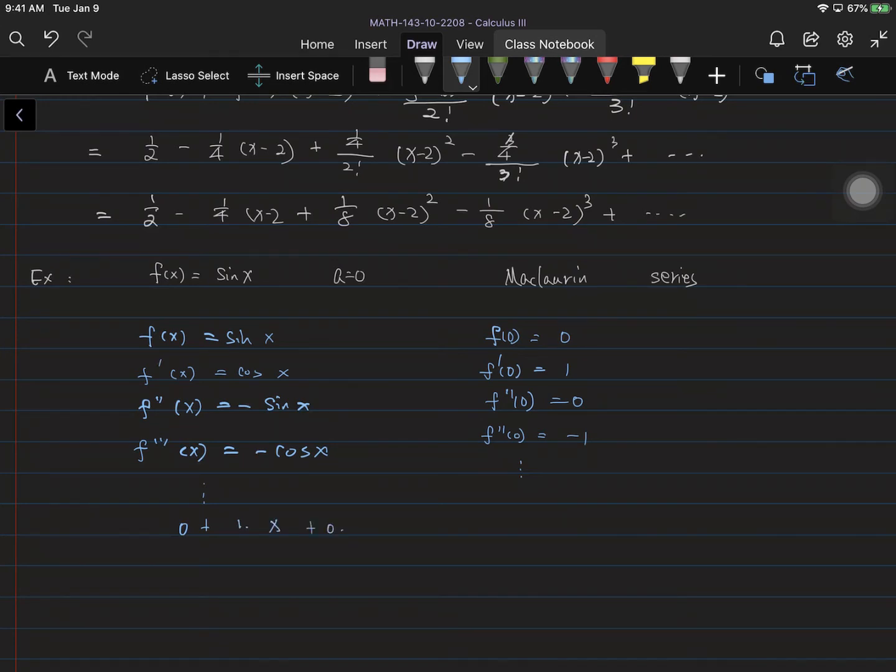And plus 0 times x squared over 2 factorial, but it's still 0. Minus 1 over 3 factorial x cubed. If we rewrite this, it's going to be x minus x cubed over 3 factorial. And if we write more terms, it should be like this, and the sign is alternating.